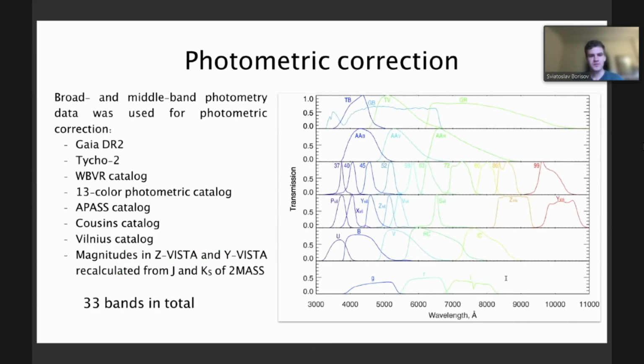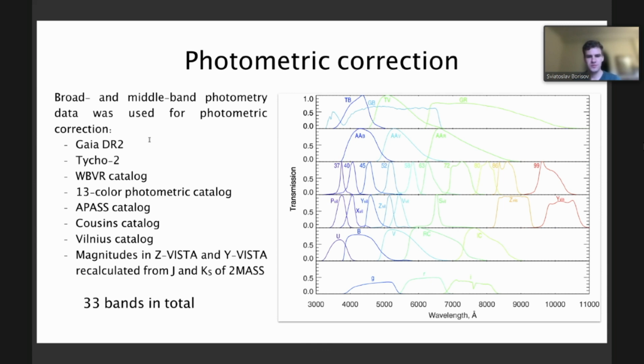We also performed photometric correction, because after all the procedures, you still might have some imperfections in terms of flux calibration. So we collected data in 33 photometric bands from these catalogs, including two space-based catalogs, Gaia and Tycho.